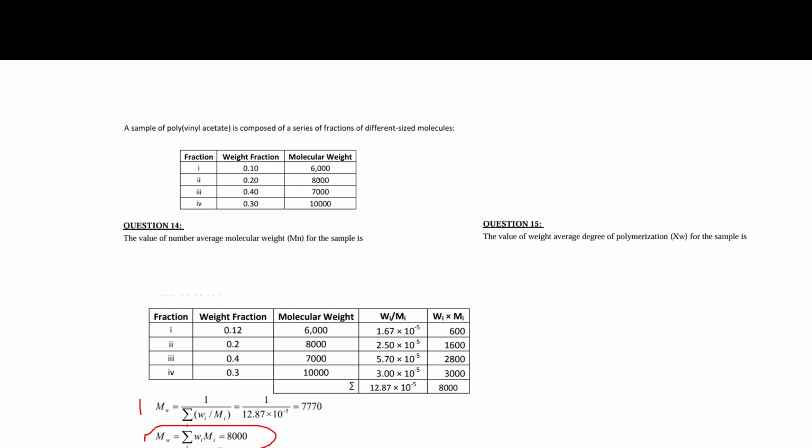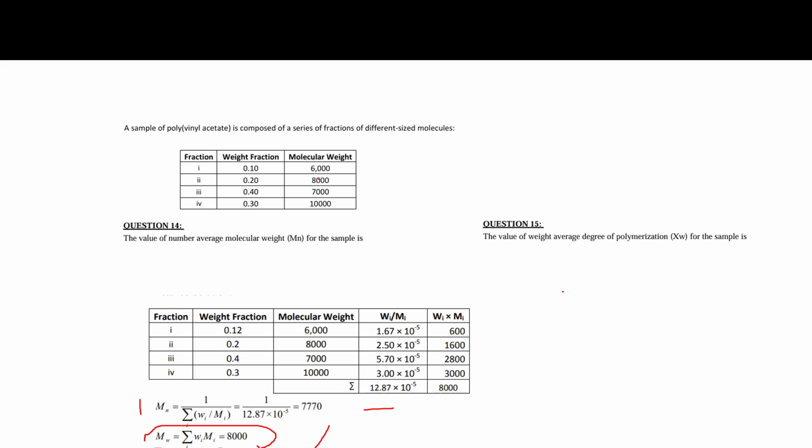To calculate Mn, the equation between the weight fraction and molecular weight will be 1 divided by the summation of Wi divided by Mi. Mi is already known, the weight fraction is already known, you divide it, you get that summation value, and from there we can calculate xw.